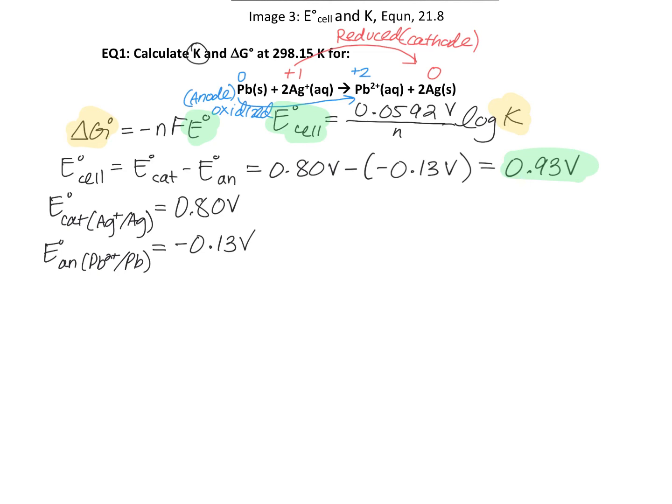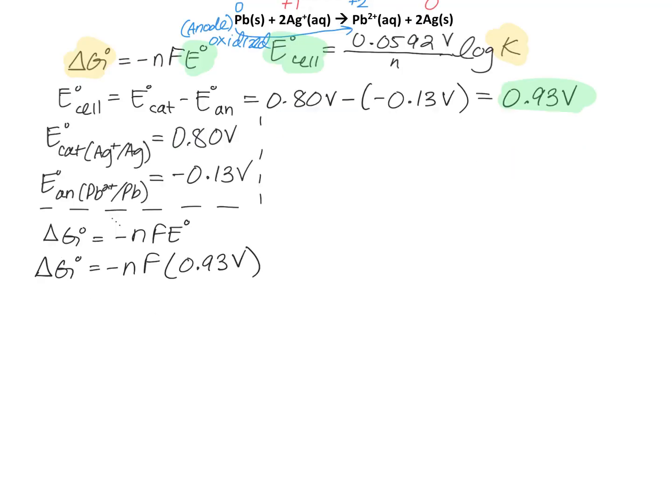So let's start with delta G naught is equal to negative nF E cell. So I know delta G naught is equal to negative nF times 0.93 volts.